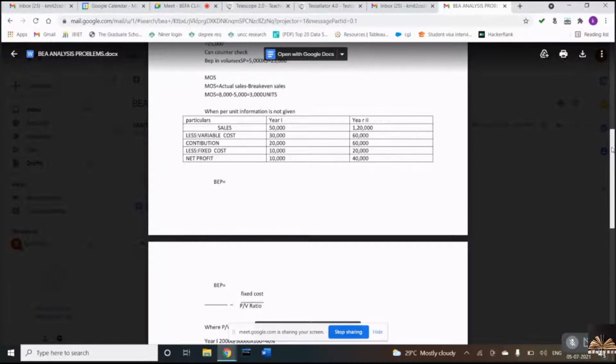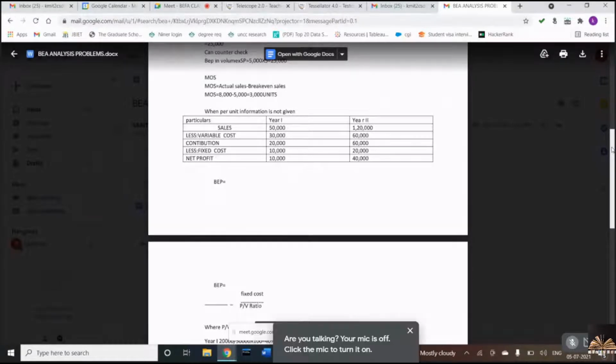Break-even point in value is equal to fixed cost divided by selling price minus variable cost by selling price. 40 lakhs, yeah, 40 lakhs.